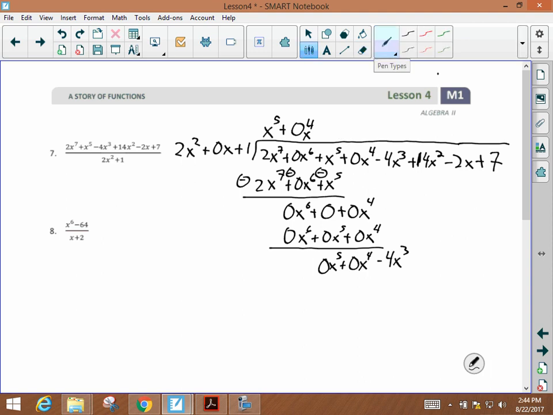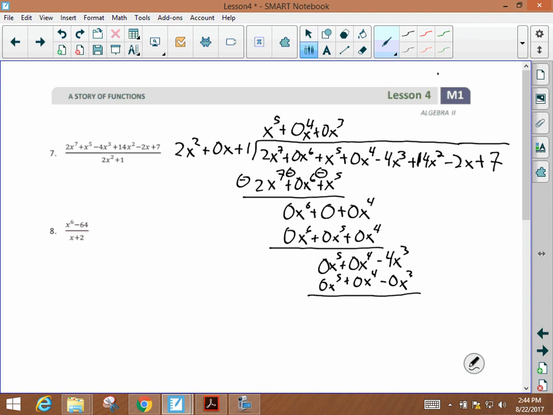Sorry, it's just a placeholder, right? Again, we multiply that thing out, right? And we're going to wind up with 0x to the 5th plus 0x to the 4th minus 0x to the 3rd.